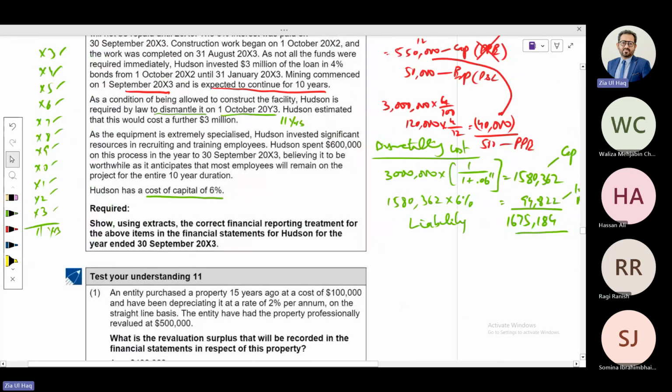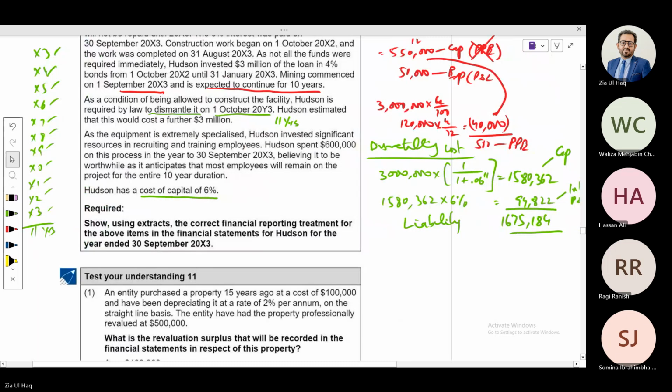Now moving towards the next part. As the equipment is extremely specialized, Hudson invested significant resources in recruiting and training employees. Hudson spent 600,000 on the process in the year to 30th September 2023, believing it to be worthwhile as it anticipates that most employees will remain on the project for the entire 10 years duration.